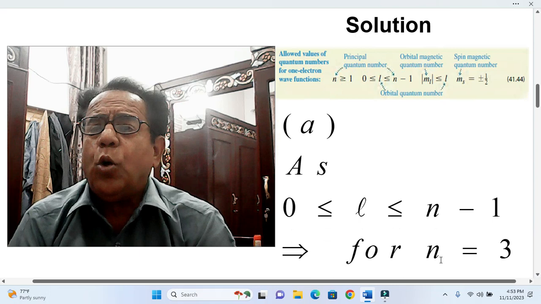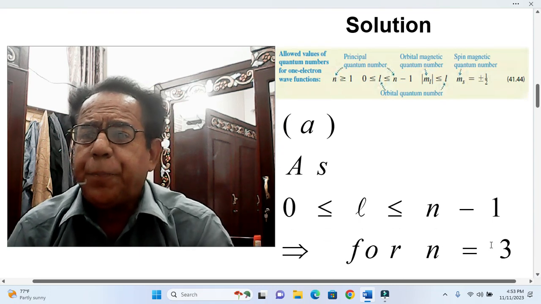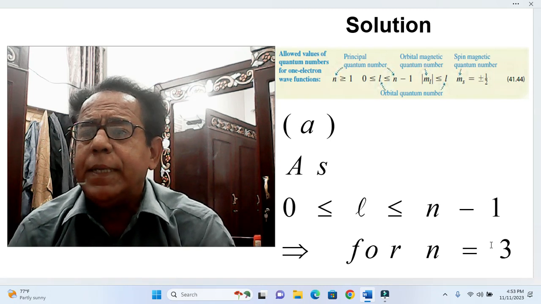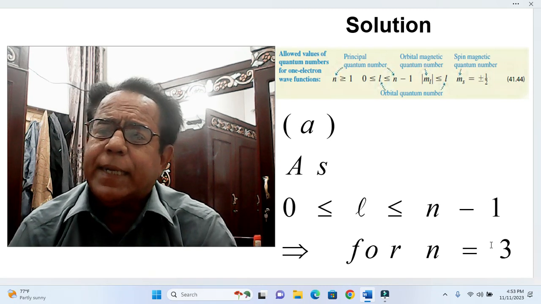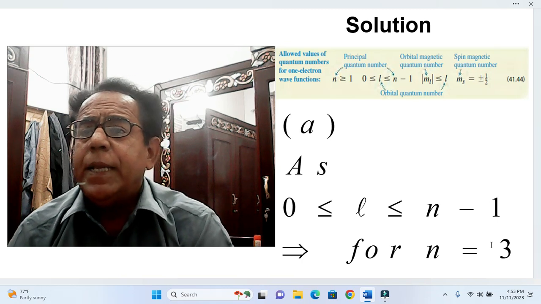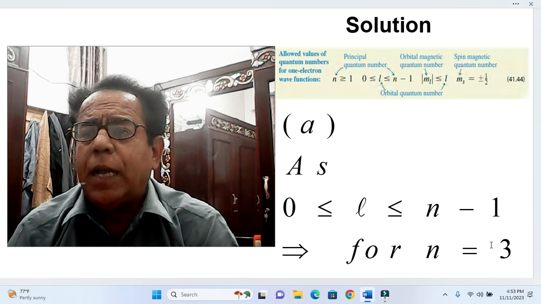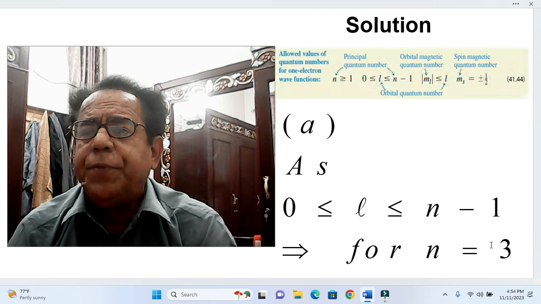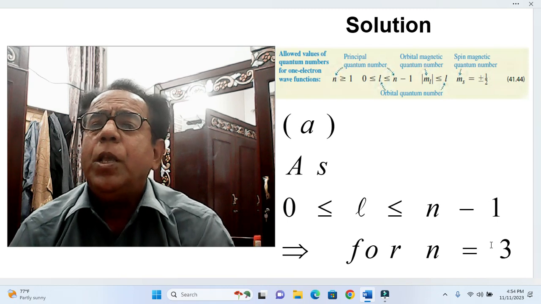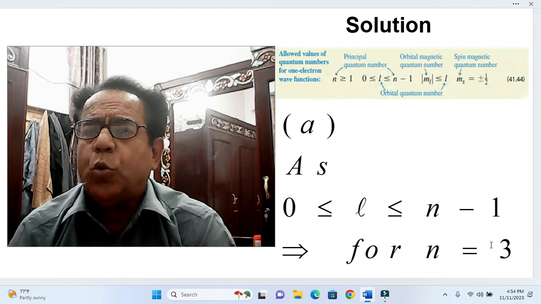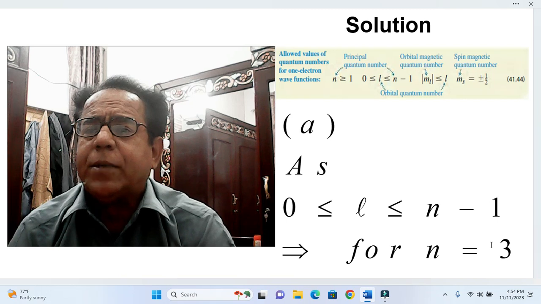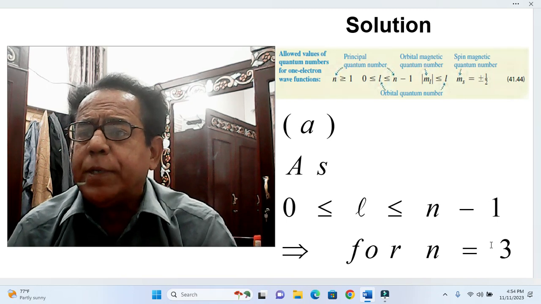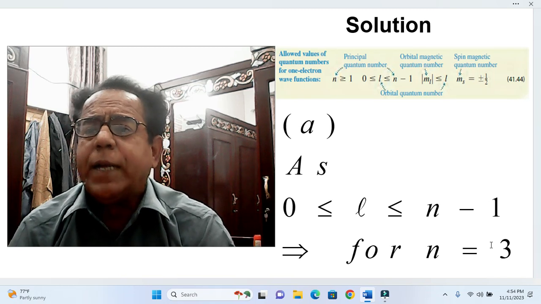According to this snapshot, small n, which is the principal quantum number, is either equal to or greater than 1. The title of this snapshot is allowed values of quantum numbers for one electron wave function.